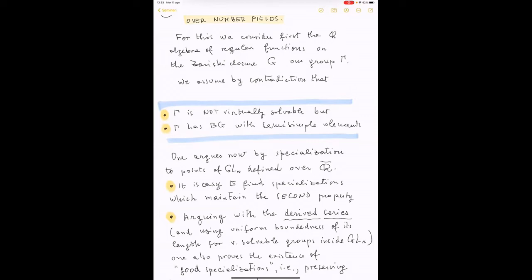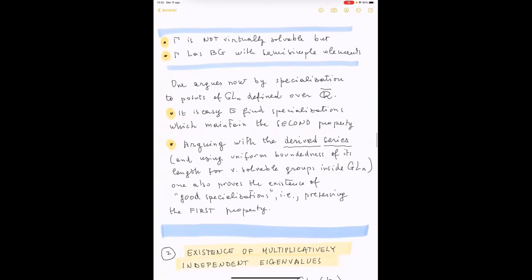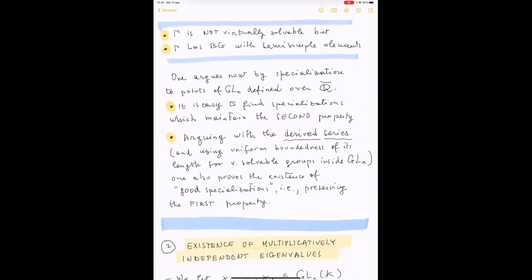The idea is quite simple and used in several other contexts: to specialize through theorems like the Nullstellensatz, essentially. So it is very easy to find a specialization which maintains the second property, which keeps semi-simple elements into semi-simple elements.